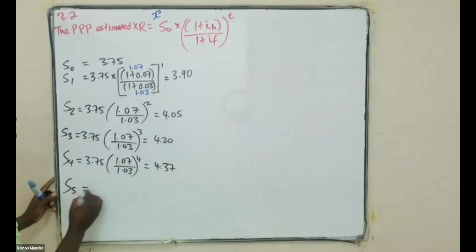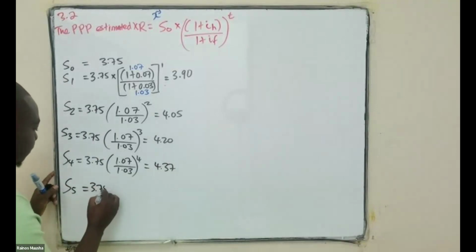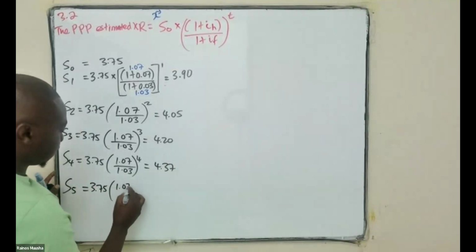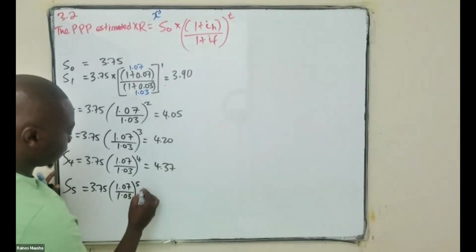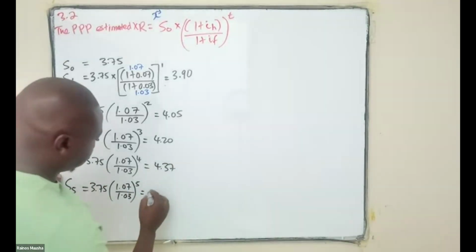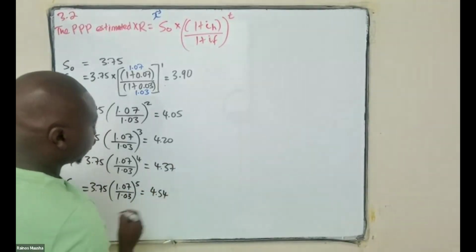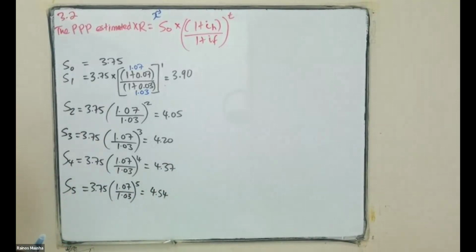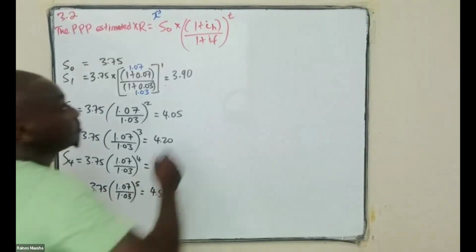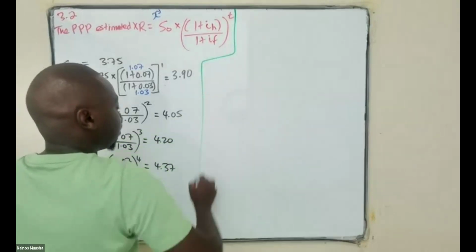And for year 5, you should be able to get this. Are we all coming right with the issue of the exchange rates? Any questions?